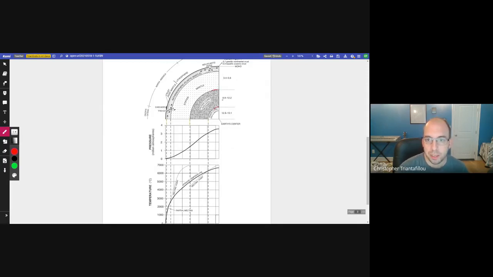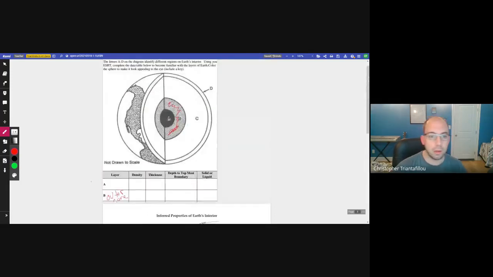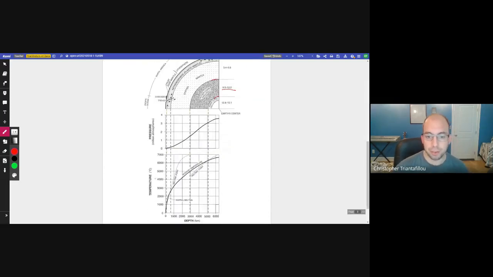And we can see our density is 9.9 to 12.2. And we have grams per cubic centimeter right there. So let's put that in the table. Grams per cubic centimeter.